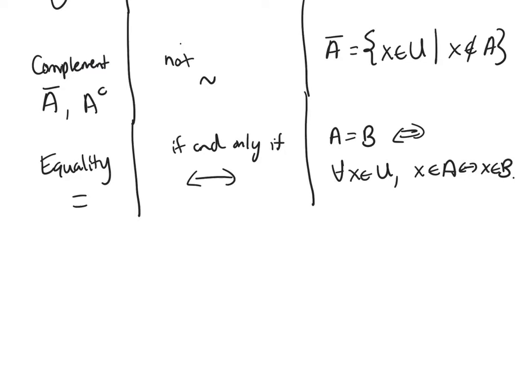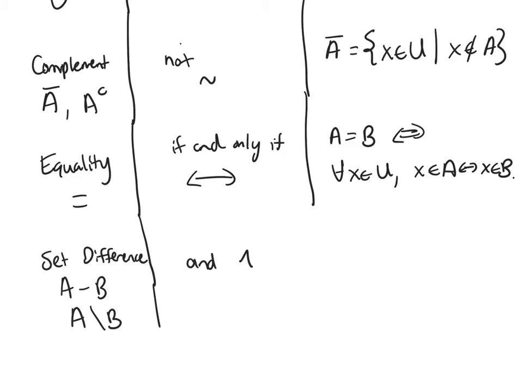And finally, the last one is set difference, which is either denoted A minus B or A slash B. And this corresponds to an and statement, but with a not statement.